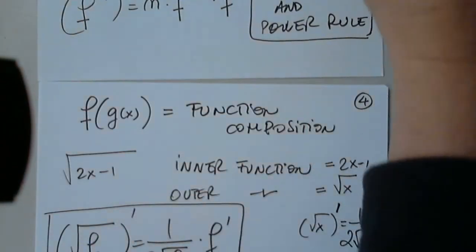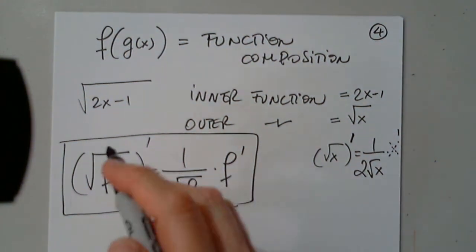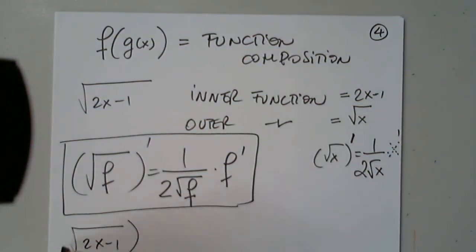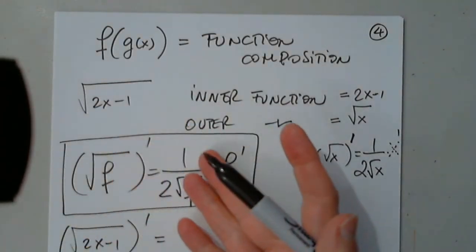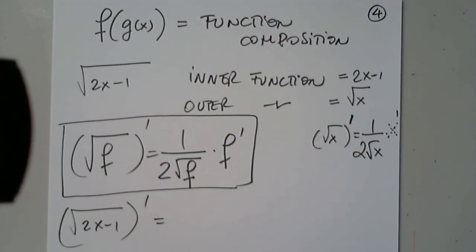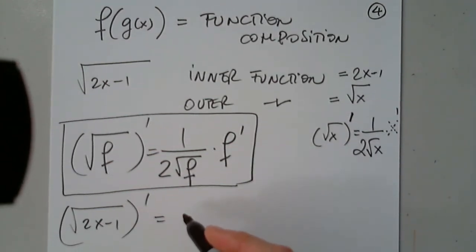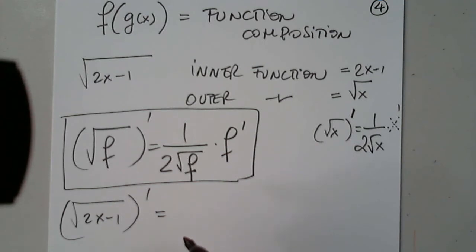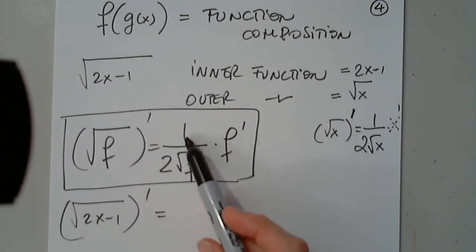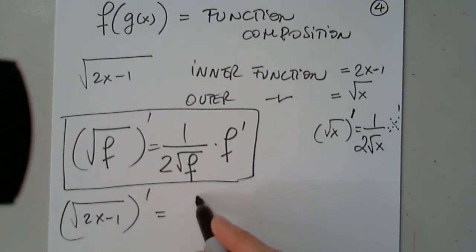So let's follow the steps and differentiate the square root of 2x minus 1. Can anyone tell us what to write? All you have to do is mimic this, and I'll write it. It's okay if you're wrong. Let's try it.